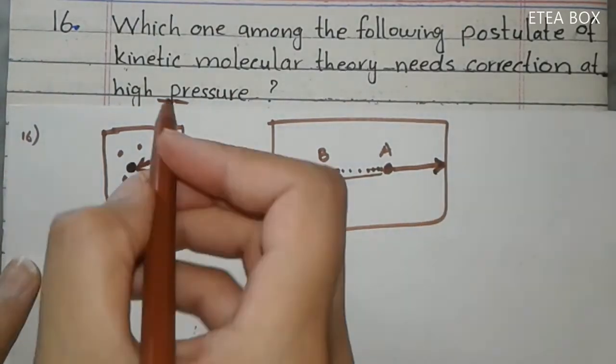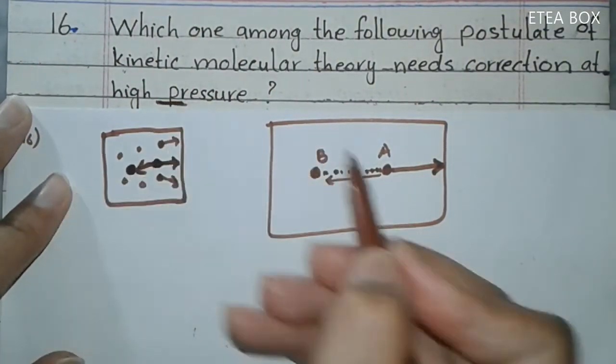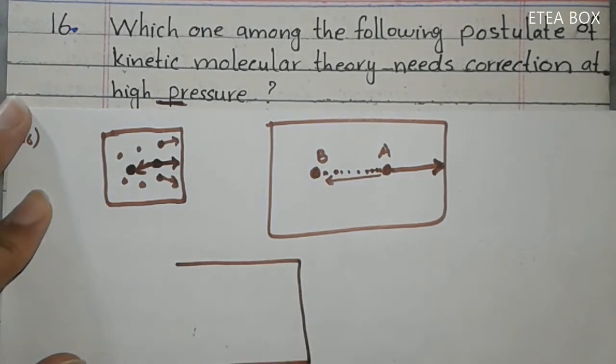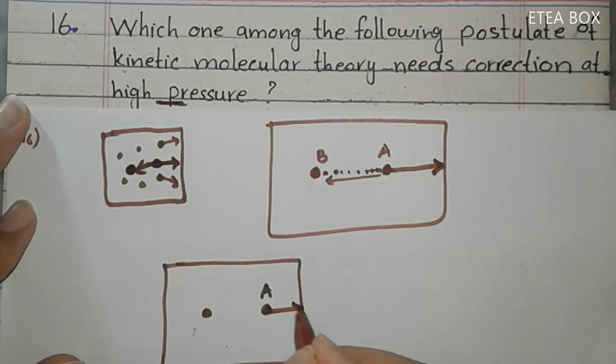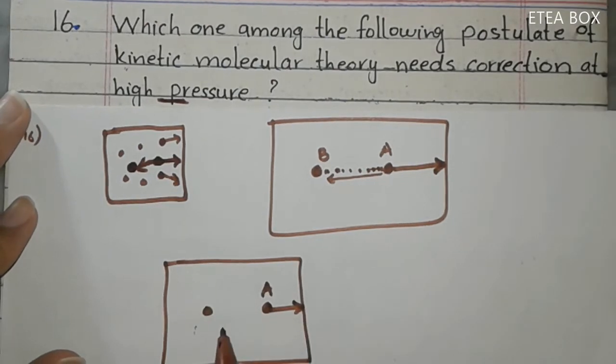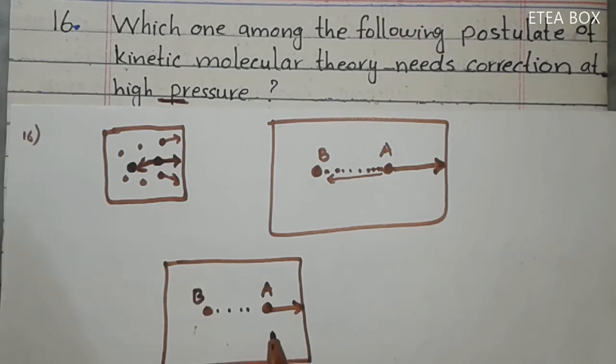Now here in the MCQ the pressure is given as very high. When the pressure is very high, molecule A will not care about molecule B. It will not care about this intermolecular force, so it will exert its high pressure on the container.